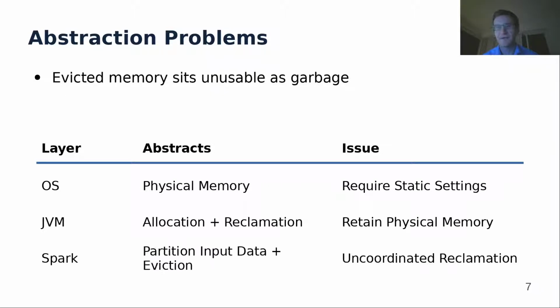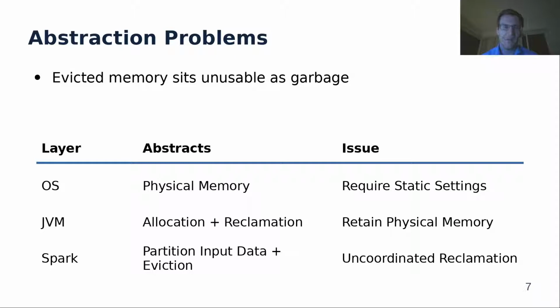to the OS. Finally, Spark further abstracts memory as it must partition its large input data into smaller blocks. Therefore, it manages a block cache which is statically sized based off of the JVM static heap size. However, the memory management of the block cache happens with absolutely no coordination with the JVM's GC.